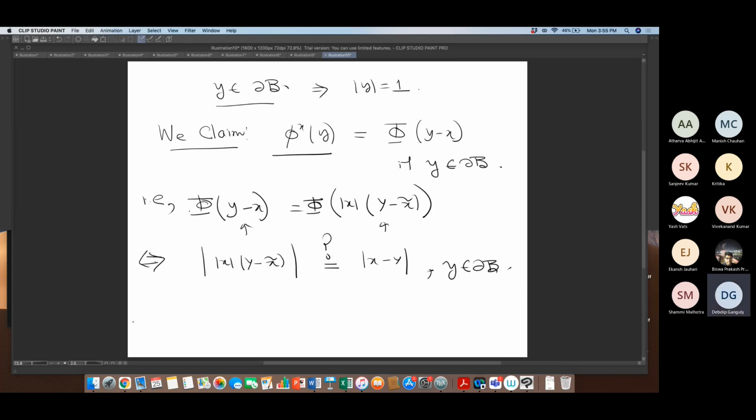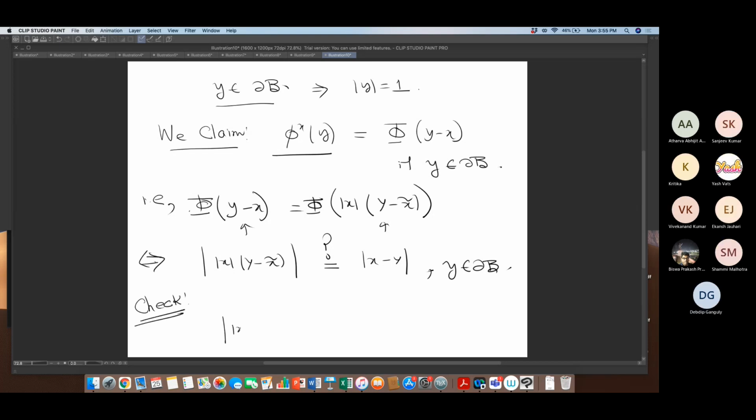Okay, now let us check. Mod x times y minus x tilde, squared. This is mod x squared times y minus x tilde squared.